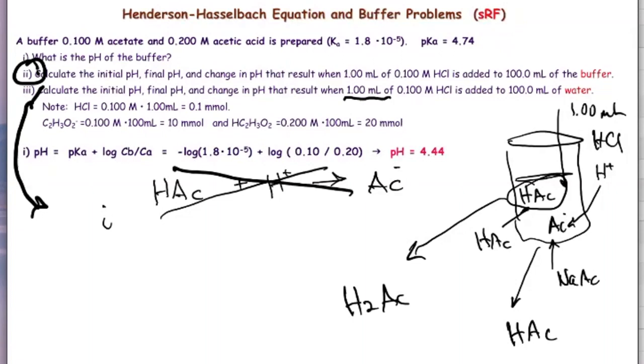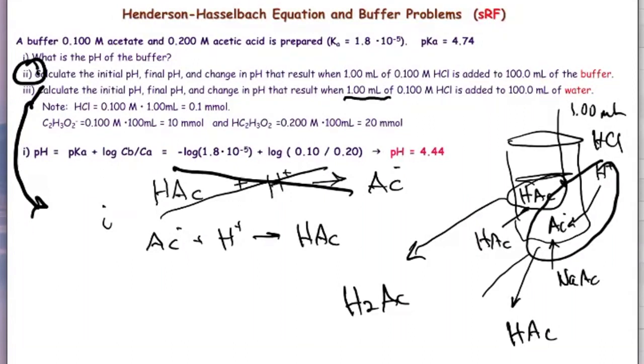The equation that you do want to write is the following. You have the acetate ion plus hydrogen ion goes to acetic acid. That's the equation you want to write. And this first part right here is stoichiometry, because whenever you have a strong acid or a strong base, those are the chemicals that are going to dictate how this show is going to be run.